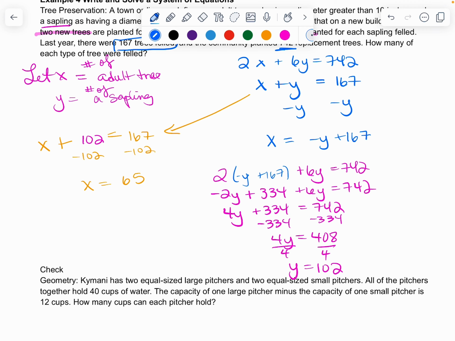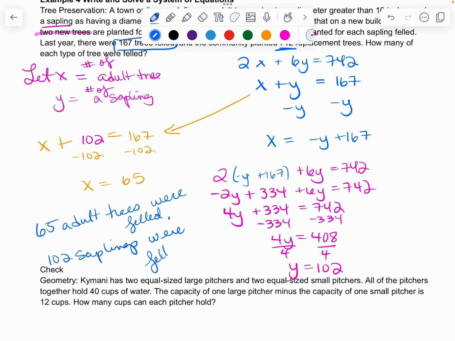So 65 adult trees were felled, and 102 saplings. Really? Were felled. Okay. Next.